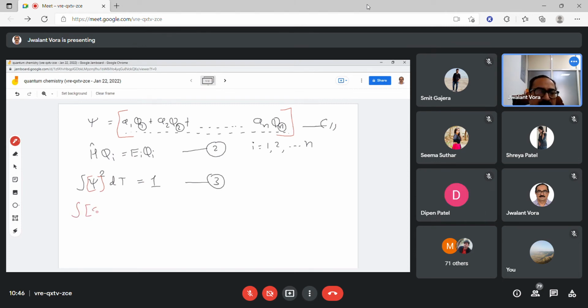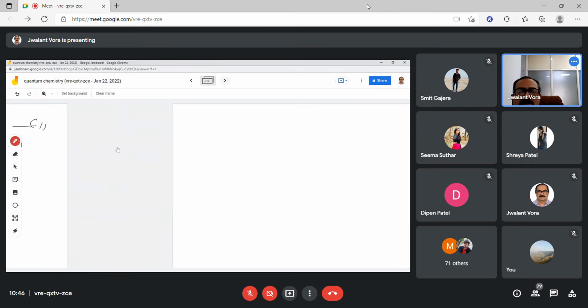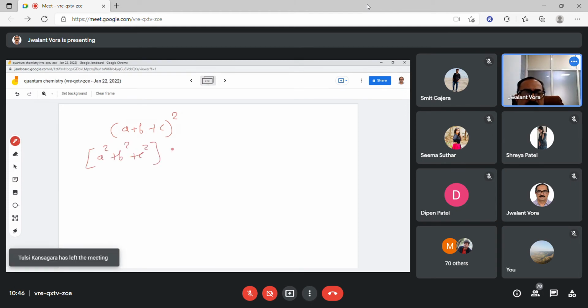Integration A1 phi1 plus A2 phi2, its square d tau is equal to 1. બરાબર છે? psi ની વેલ્યુ એ અહીંયા મૂકી દીધા. હવે કોઈ પણ સ્ક્વેર હોય, a plus b plus c નો સ્ક્વેર છે, તો એને બે પાર્ટમાં ડિવાઈડ કરી શકાય. a square plus b square plus c square plus twice ab plus twice ac plus twice bc, right? બે પાર્ટમાં ડિવાઈડ કરી શકાય.